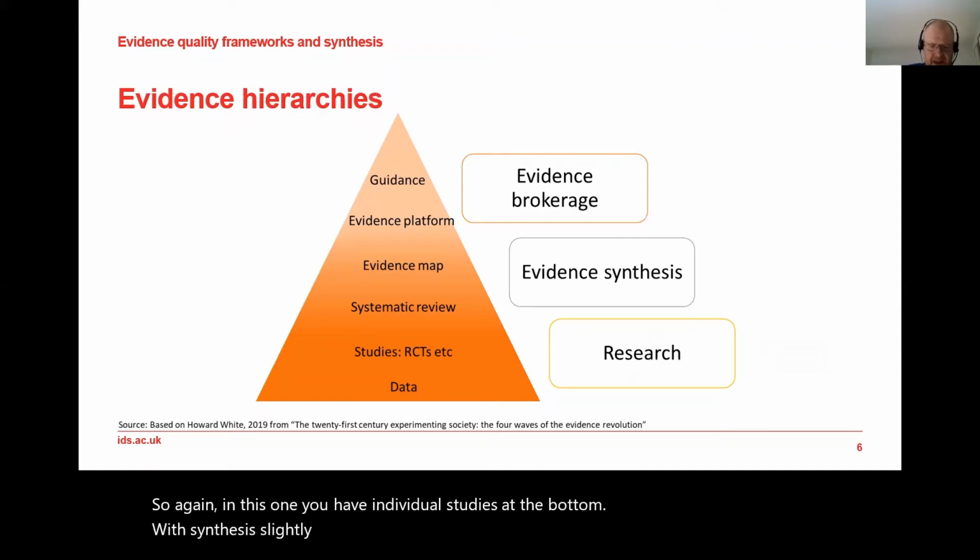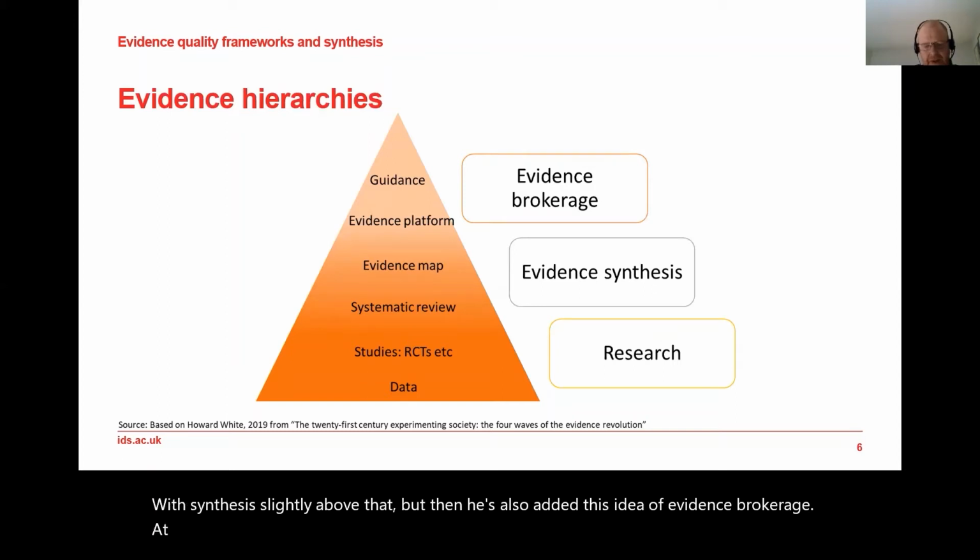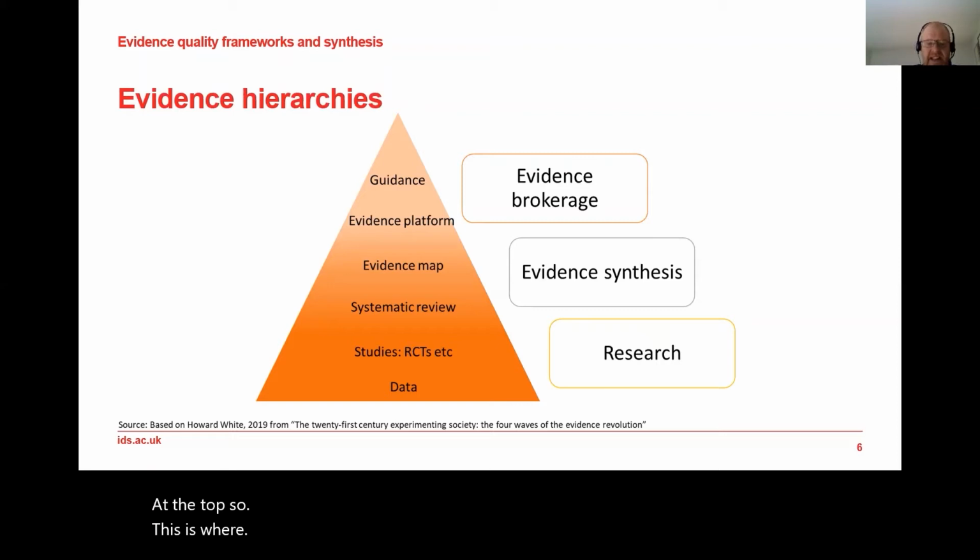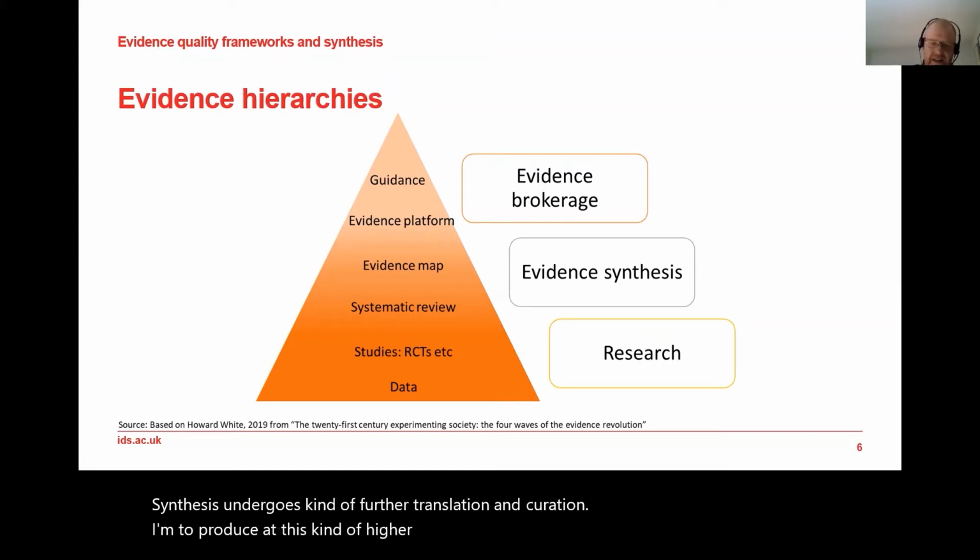But then he's also added this idea of evidence brokerage at the top. So this is where synthesis undergoes further translation and curation to produce, at this higher level, targeted learning or recommendations or guidance.